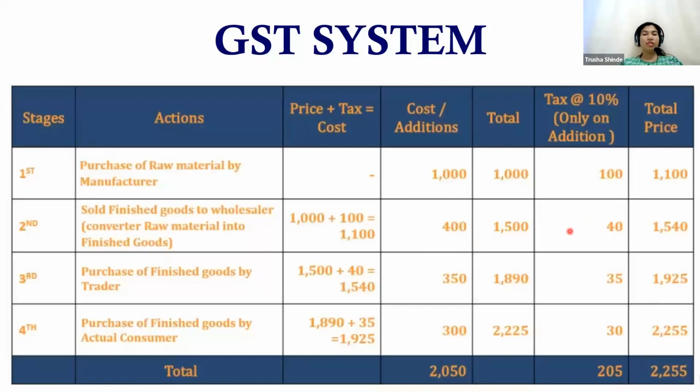The next thing you might have observed is that when there is a selling part, whenever there is a supply, then and only then the taxes are being levied. Here you can observe these two systems.